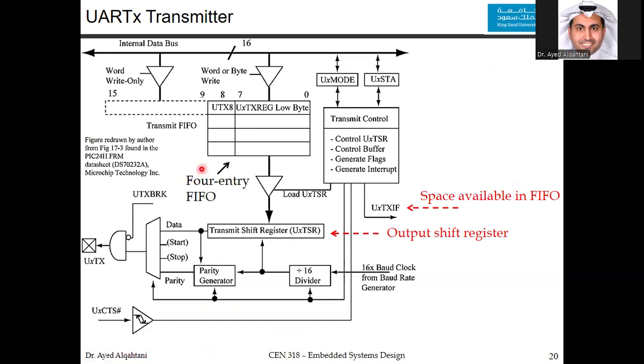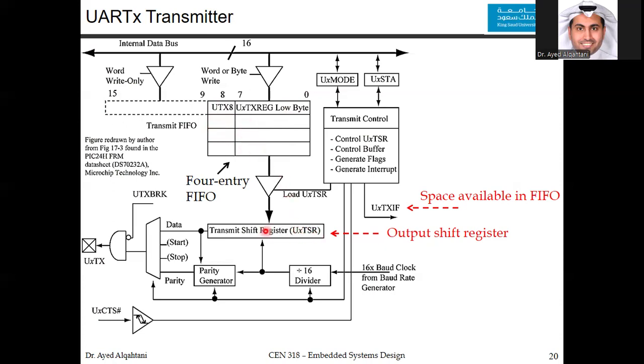Now let's talk about the hardware of the transmitter, followed by the hardware of the receiver. In general, you have a bus and you want to transmit. From the bus, you want to move and transmit bit by bit, asynchronously, into this pin. This is the goal. To do this, you have a 4-entry FIFO, or a queue, that can store only four frames ready for transmission.